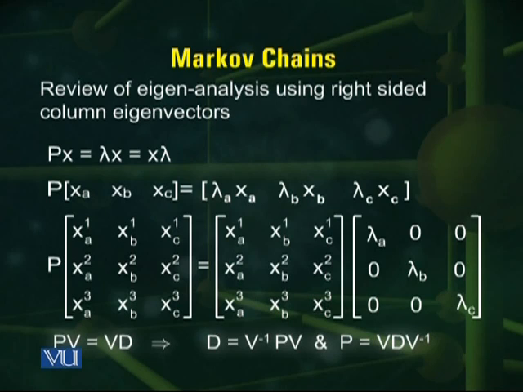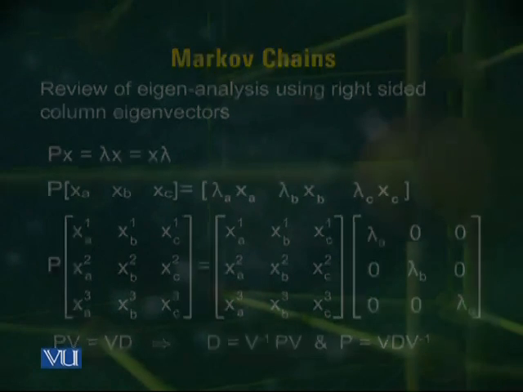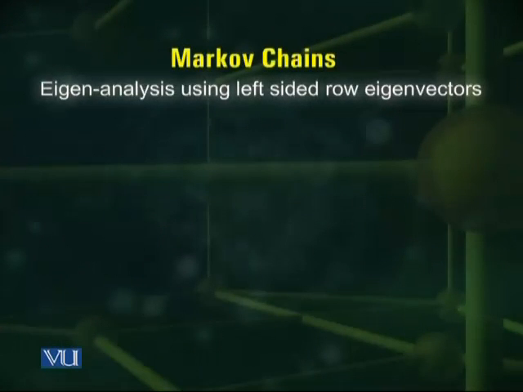So P, the starting matrix that we have, can be expressed as V times D times V inverse. This expression is only valid for right-sided column type eigenvector based eigenanalysis. For other eigenanalysis, the expression for representation of P is going to be different.